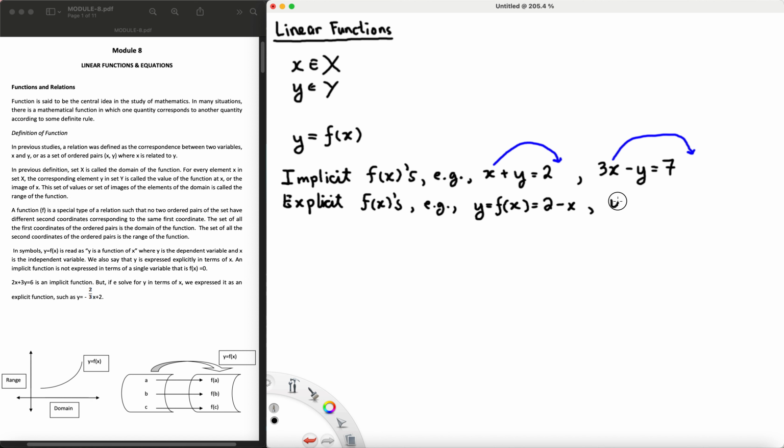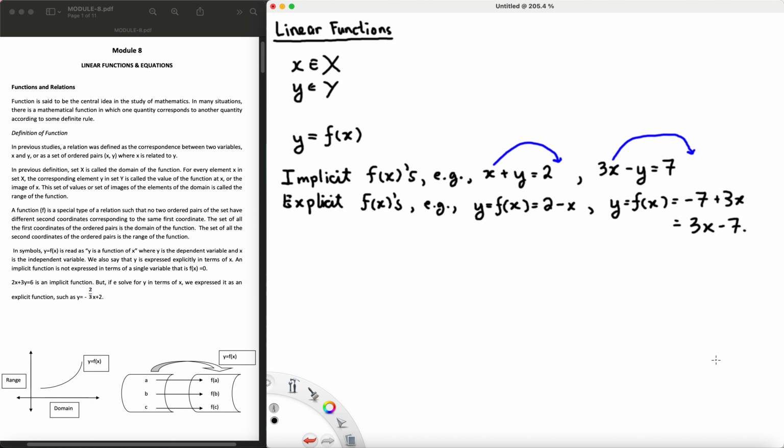So what we have is y, which is again equal to f of x, which is equal to -7 plus 3x. Again, we multiplied the whole equation by -1. So we can rewrite this as 3x minus 7, by commutativity, if you want.